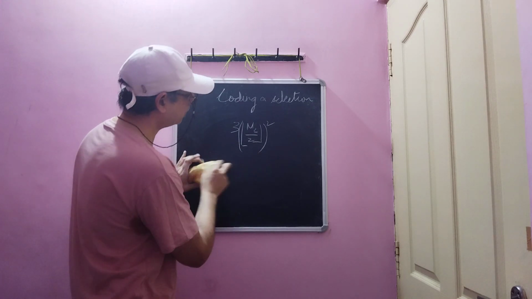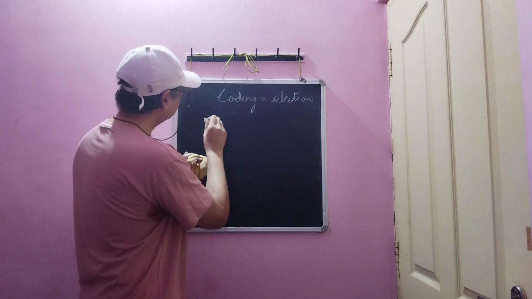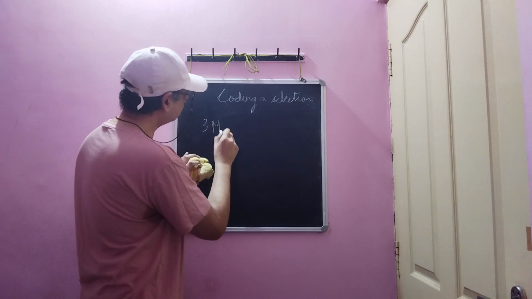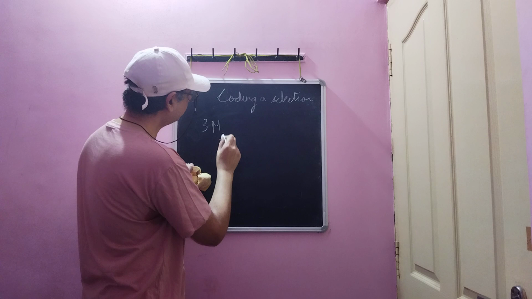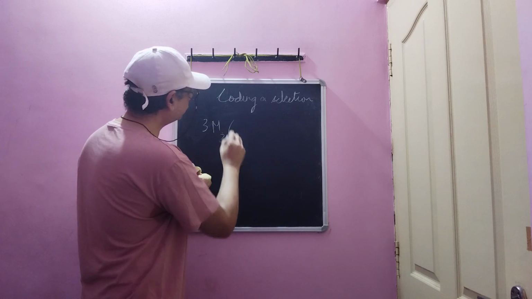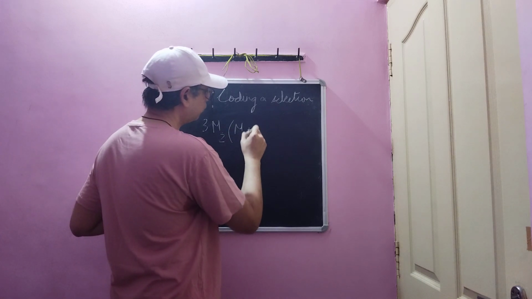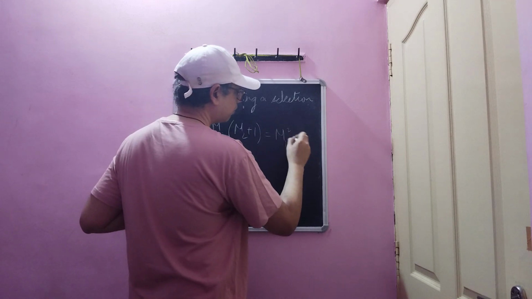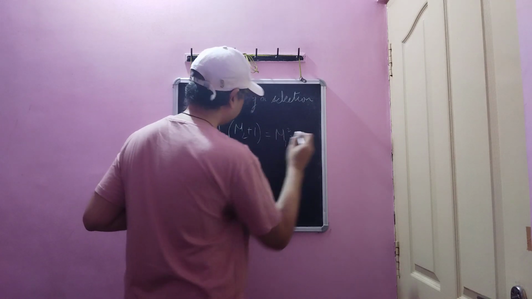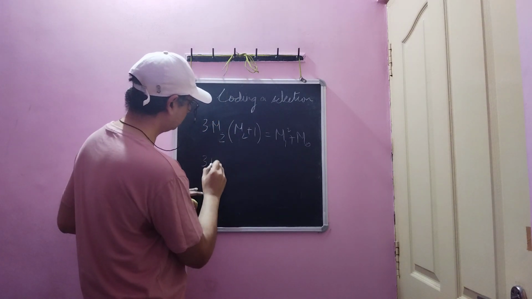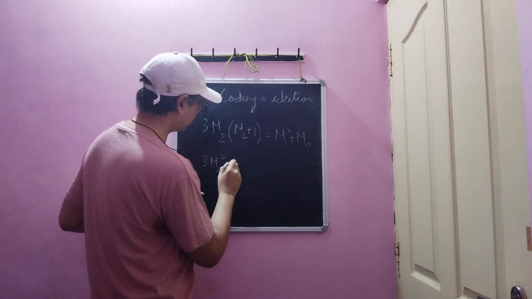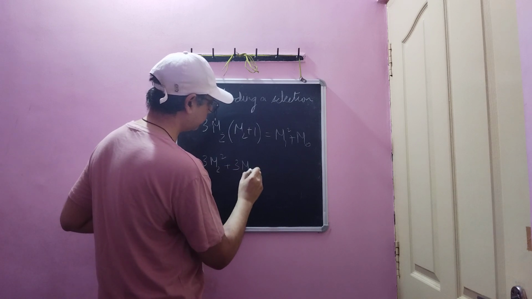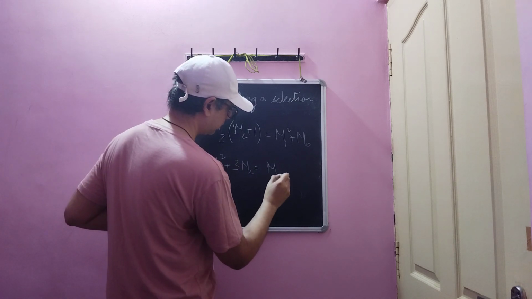In addition, we can see that 3 times m2 times (m2 plus 1) must be equal to m1 square plus m0. In other words, 3 times m2 square plus 3 times m2 must be equal to m1 square plus m0.